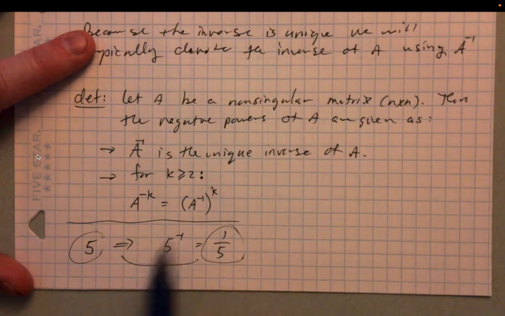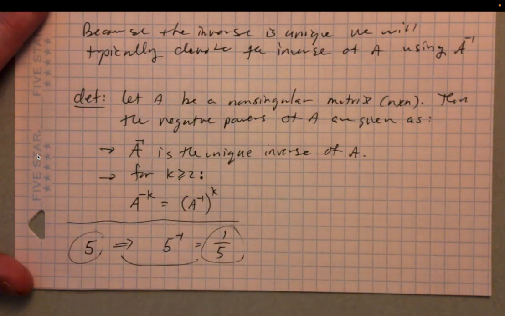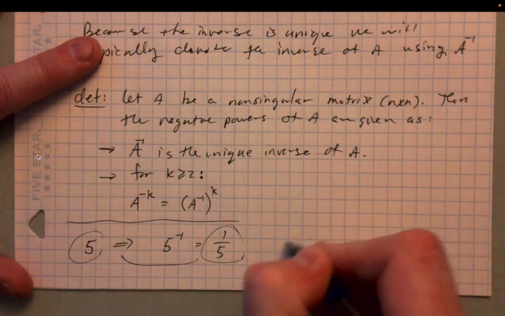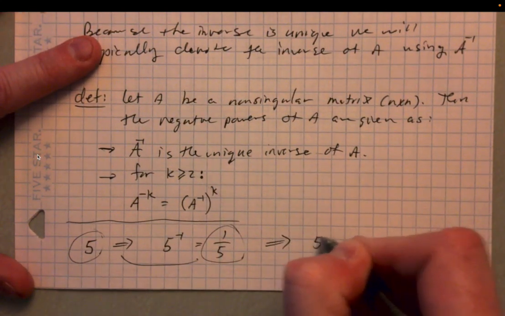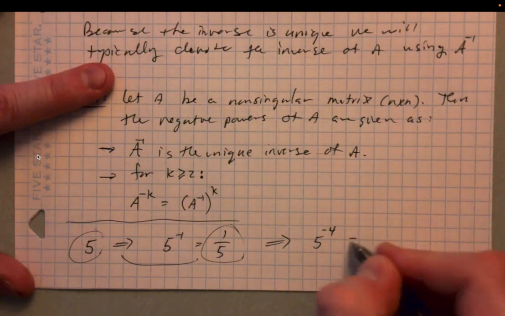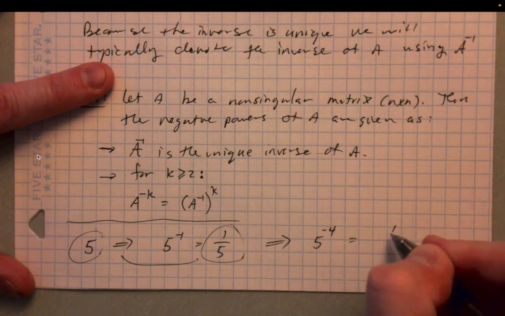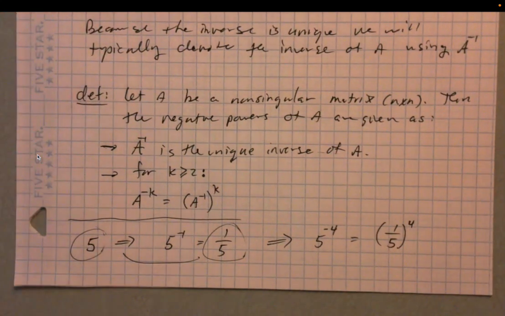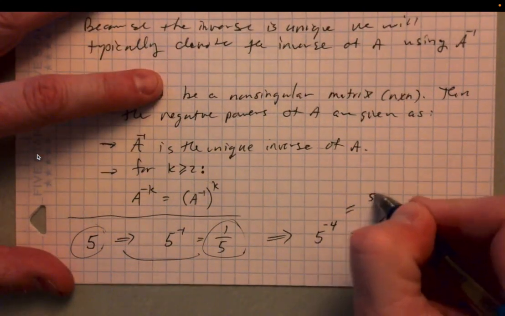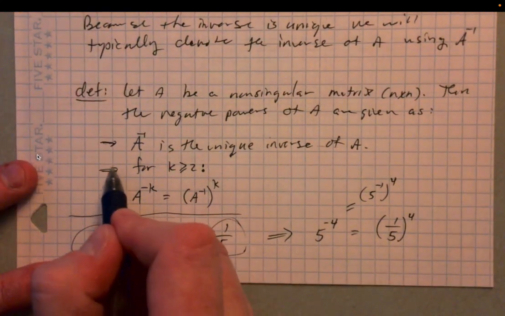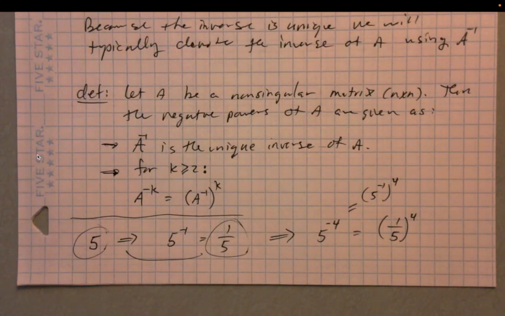That's the first item. What if I have 5 to the negative 4th power? Well, that is 1/5 to the 4th power, isn't it? You can think of this as 5 to the negative 1, to the 4th, and that's literally the same thing as item 2.